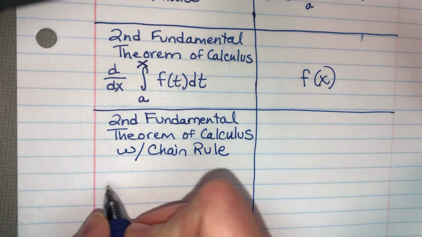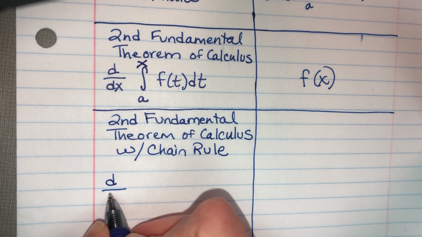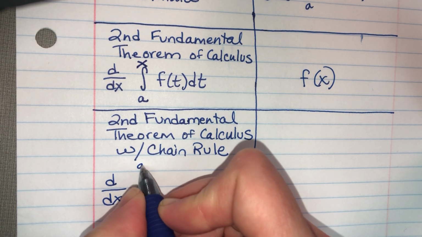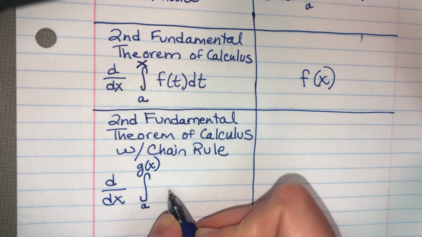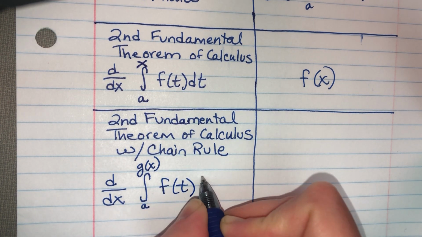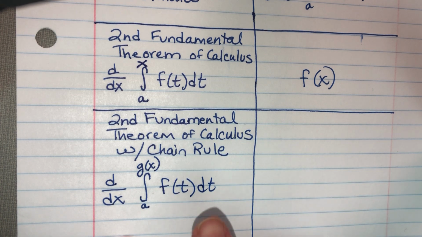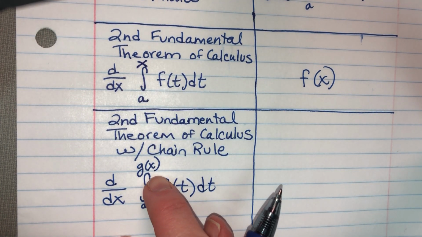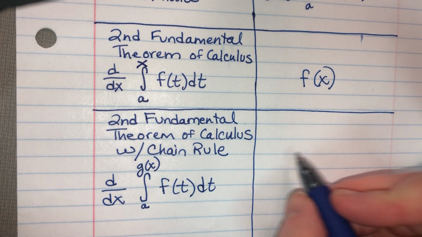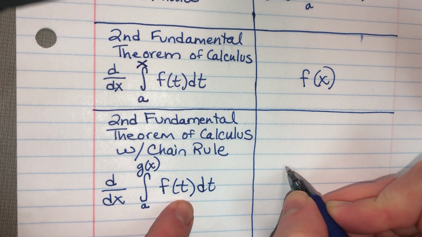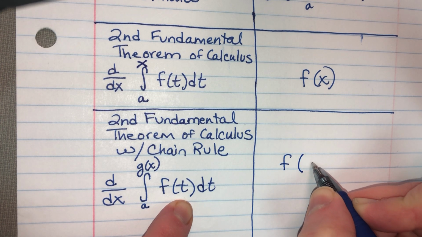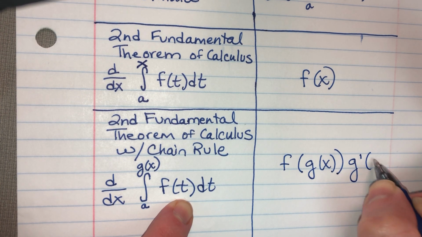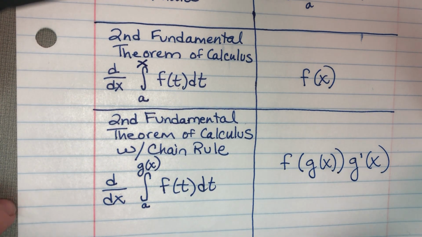So that one is going to be where you have the derivative of an integral from some constant to a function on top of f of t dt. So the only thing that's changed from this one to this one is instead of just having the variable on top, this time we have a whole function up there. And so this one, you're still going to drop that function in as your independent variable, f of g of x. But you have the added step that you have to multiply by g prime of x.